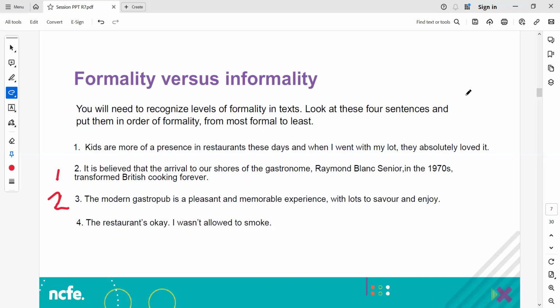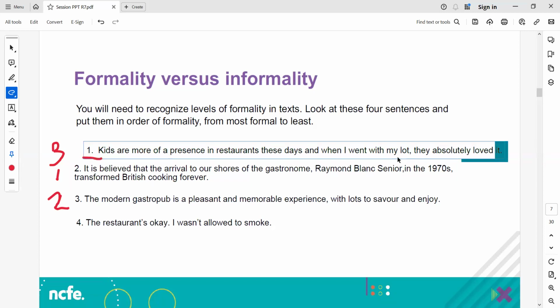I would say 1. Kids are more. Yeah. Representation. Yeah, well done. So why does that come next? I would say because kids is not really formal language. You use children. Yeah, exactly. So kids, it's more informal language. We've got kids. We've got I went with my lot.